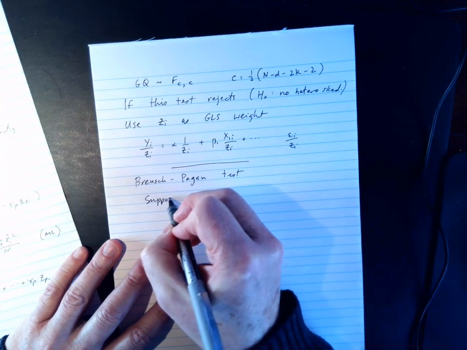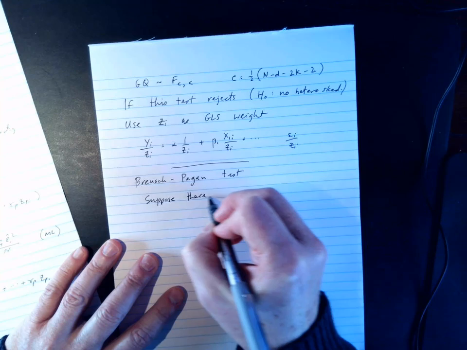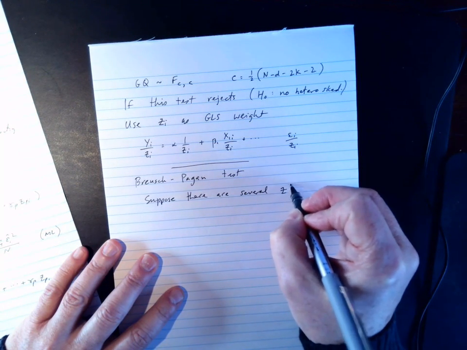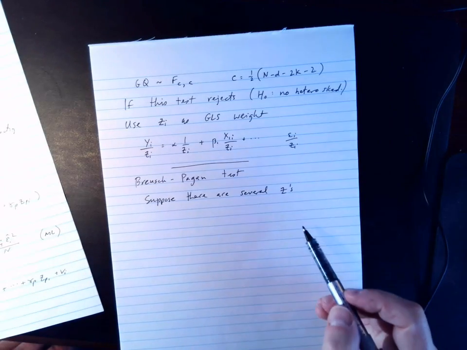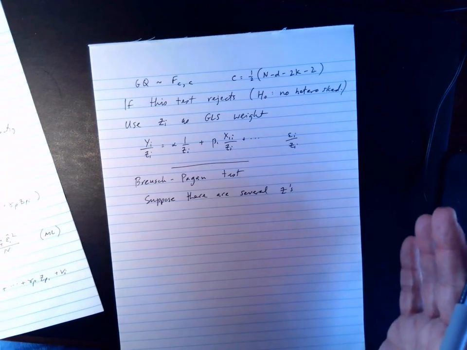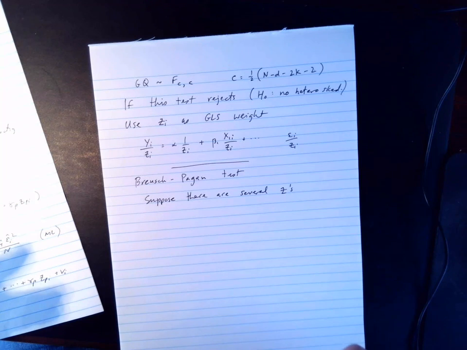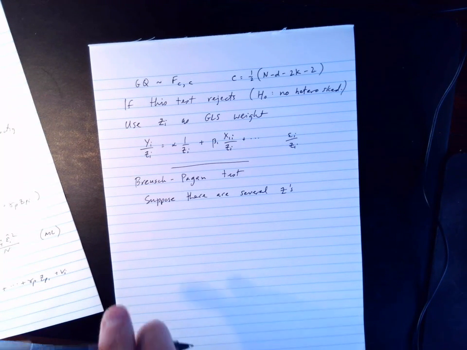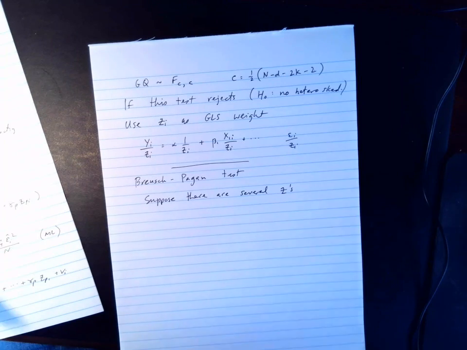And here, suppose there are several z's. What I mean by that is, let's say you've got a large data set, which can often happen. Think about the data set used for assignment 3 with the wage information, and then you've got a whole bunch of variables. You've got education, experience, the education of the mother, education of the father.